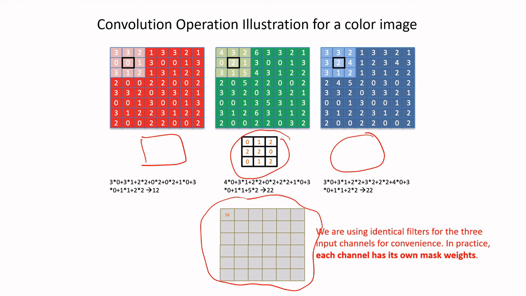Another thing to note here is that the input image here is an 8 by 8 size, and the mask size is 3 by 3. The result of the convolution operation in this case is a 6 by 6 result. The reason for that is that when the mask is placed at the first row or first column, obviously part of the mask goes out.